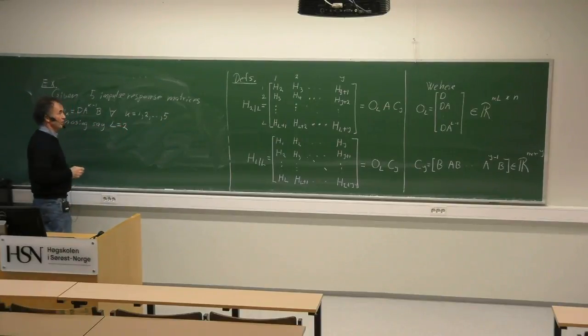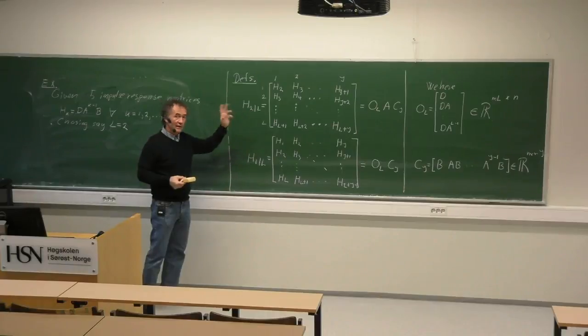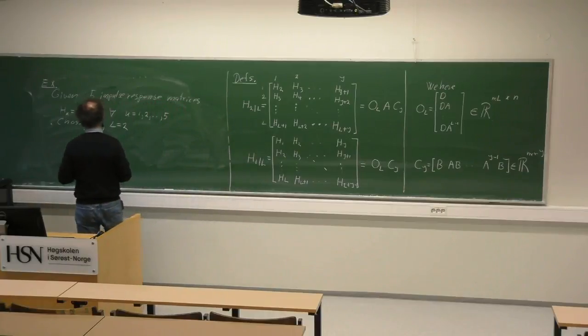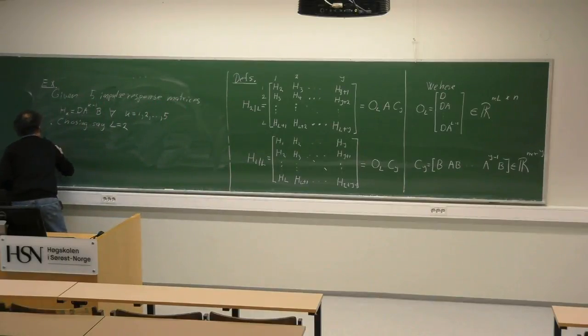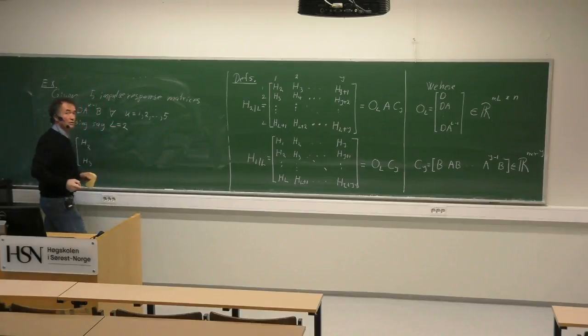Let us write up those two Hankel matrices. Always start with H2 given L, and L is 2. Then we have H2 given 2. We start with Hankel matrix H2, H3, and use all 5 impulse response matrices in order to fill out this one.